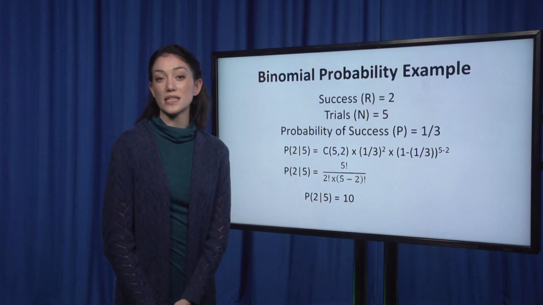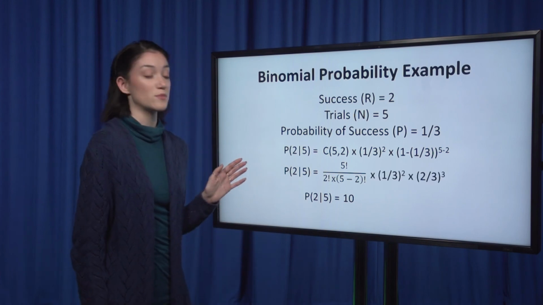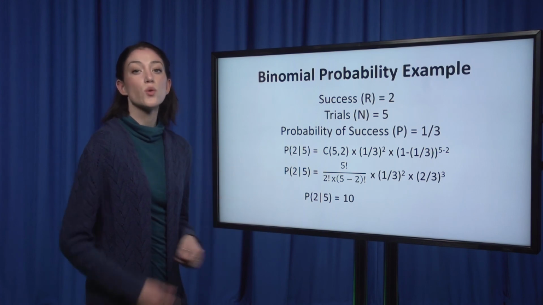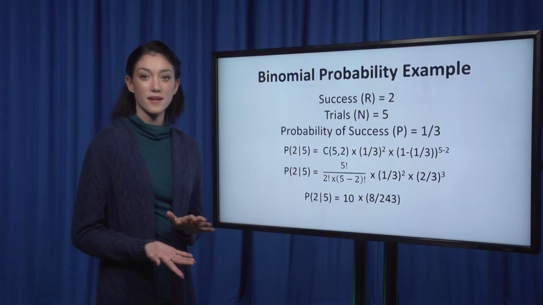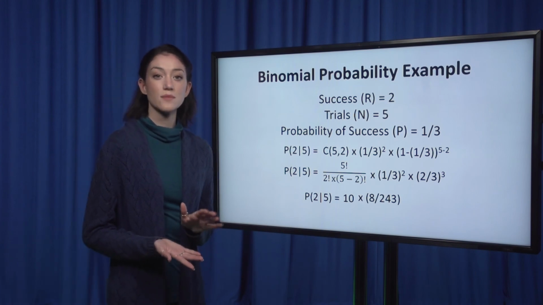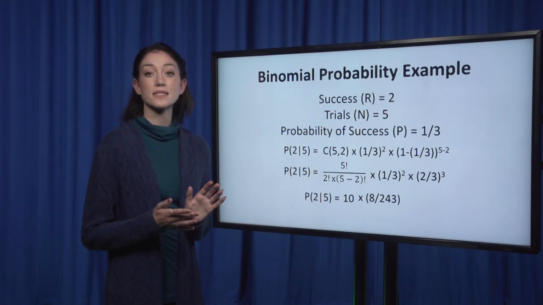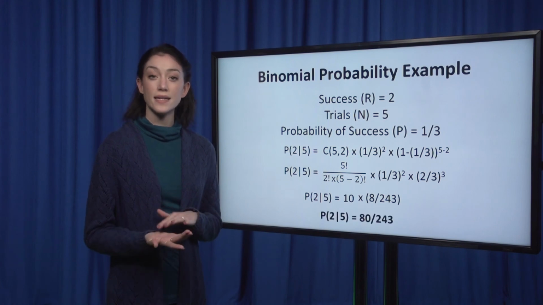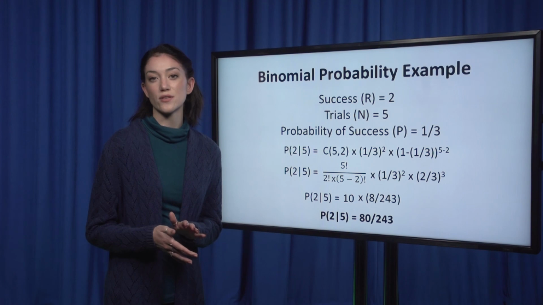The joint probability of any one sequence is 1/3 times 1/3 times 2/3 times 2/3 times 2/3, which equals 8 divided by 243. Multiply the number of combinations times the joint probability of a sequence. We get 10 times 8 divided by 243, which equals 80 divided by 243, or about 0.33.